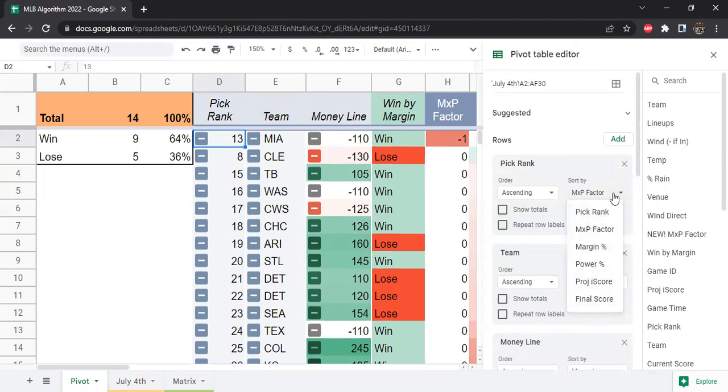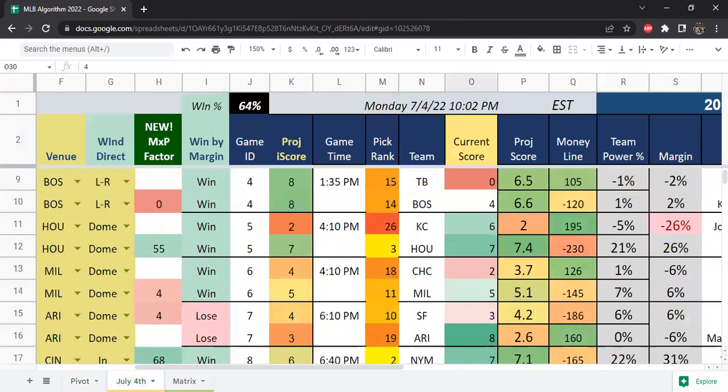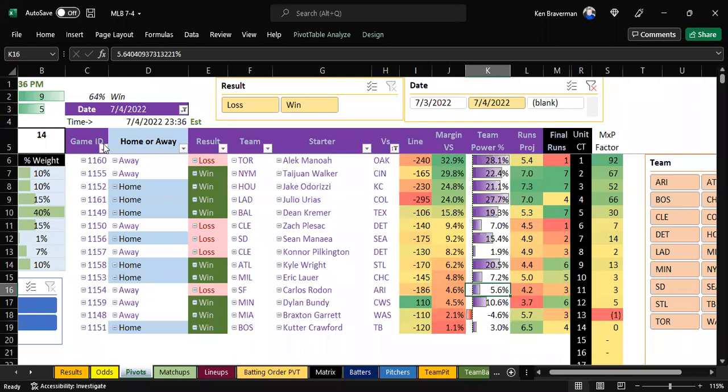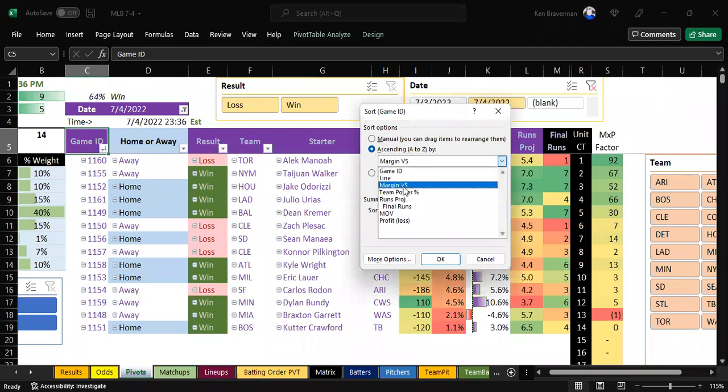I don't have the option of doing that. Interesting, I can't do that. That's weird. We can do it in the other version. I'll show you what that is. But what I'm trying to do is sort ascending by money line to show you how the odds makers did.